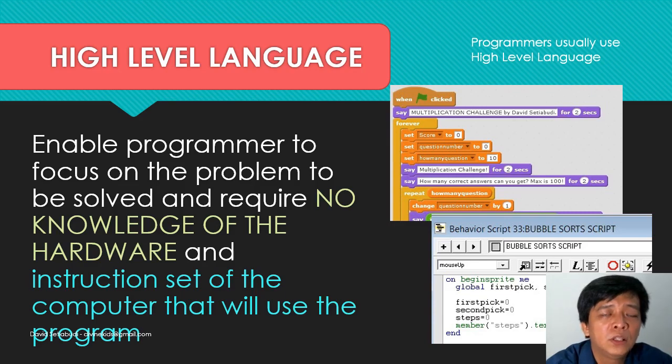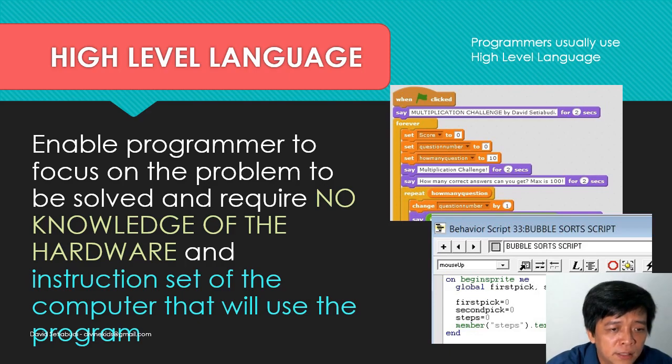You don't need to command the mouse and the other. You just focus on the problem that you are going to solve. And you don't need to know the instruction set of the computer that will use the program. That one is high-level language.